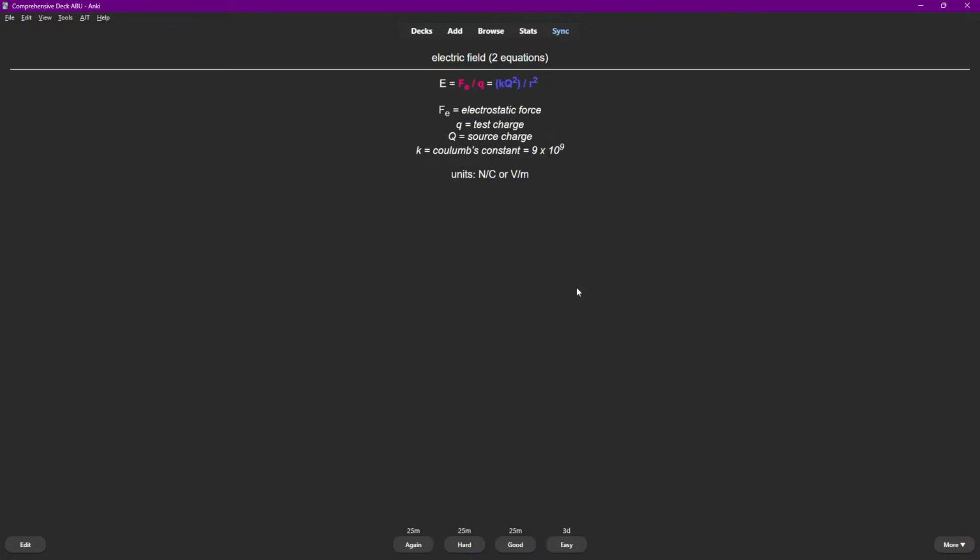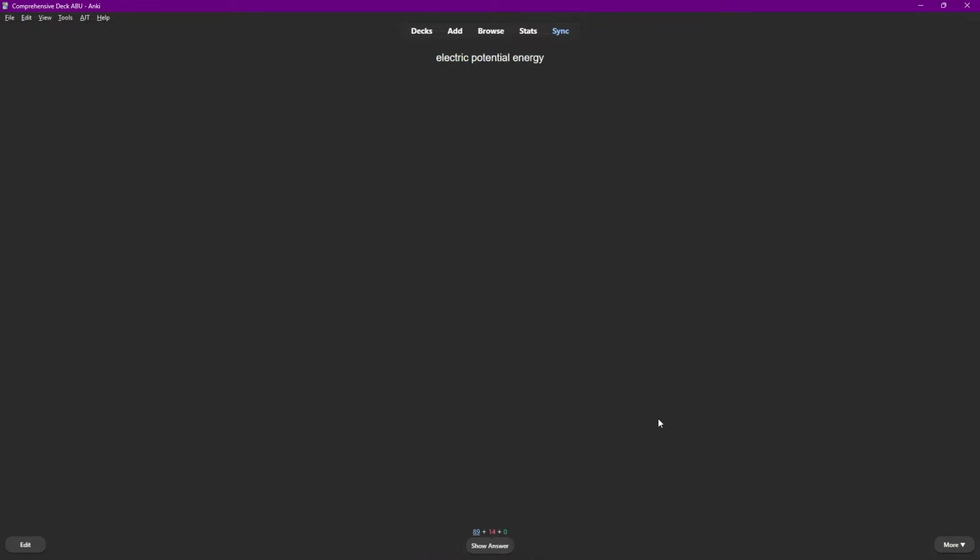Electric charge divided by charge. So field is equal to force divided by Q. Yep. It also equals a voltmeter. That's what I was telling you.